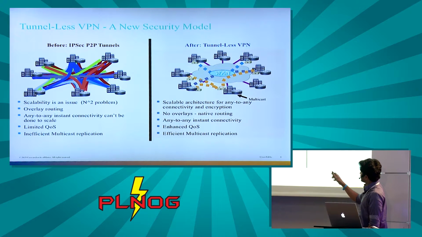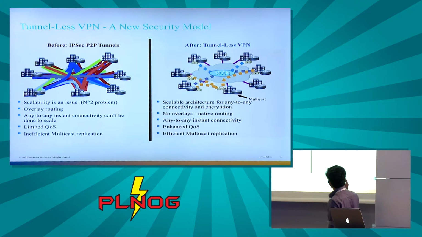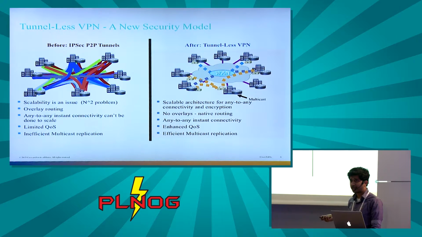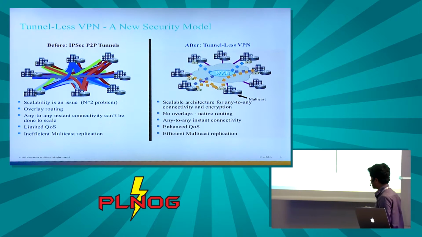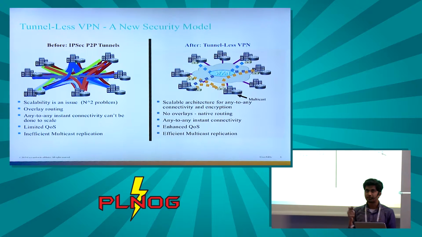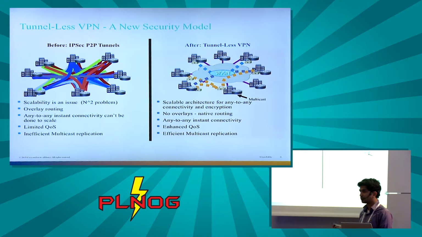Quickly, on that side, you will see point-to-point tunnels, and on this side, you will see GetVPN, which is tunnel-less VPN. Say you have n branches in your network. If you want to set up a full mesh topology, branch-to-branch communication, you will end up with n squared number of tunnels.